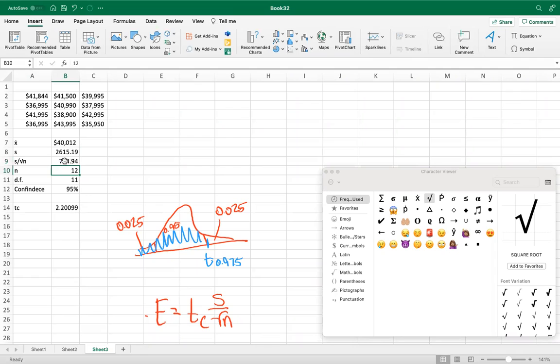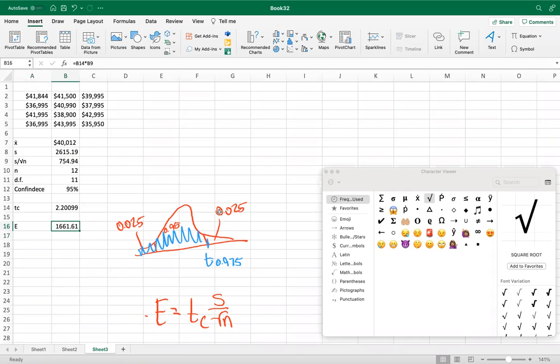So we have S divided by the square root of n. We have T sub C, perfect. So now we can figure out what E is. E is equal to T sub C times S divided by the square root of n. And there we go. So this is our margin of error.